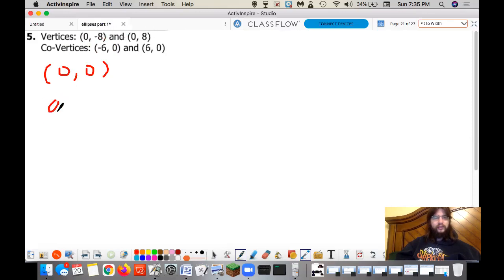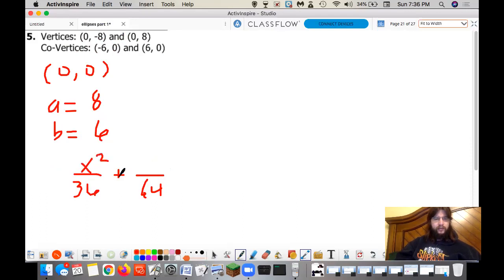That's a is 8, b is 6. I went further on my y's, so it's going to be a vertical ellipse. That's 64. That's 36. That's x squared. That's y squared. And that's a 1. Nothing to it.